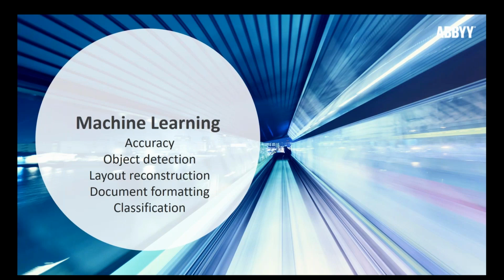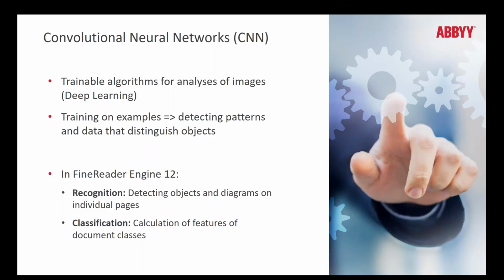So now I will move to a couple of examples of the artificial intelligence technologies. One of them is the usage of convolutional neural networks. And what are convolutional neural networks? These are basically trainable deep learning algorithms that are used for processing images.